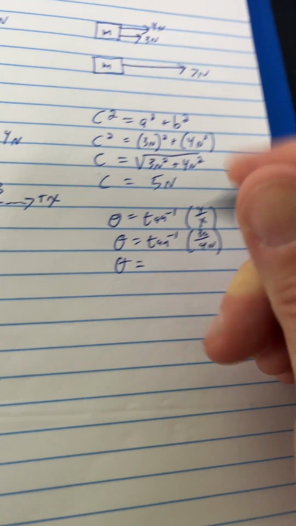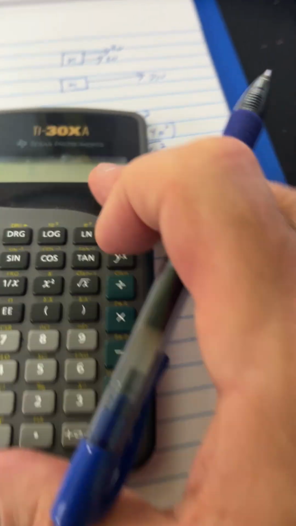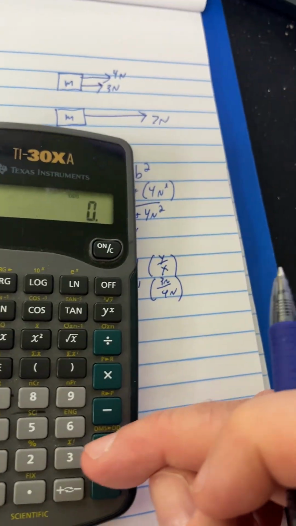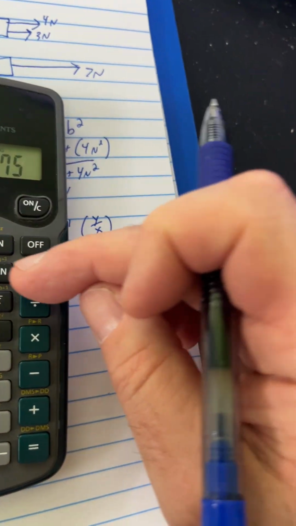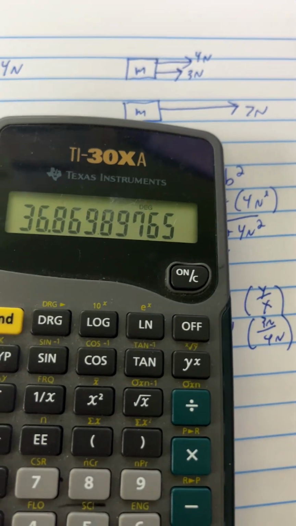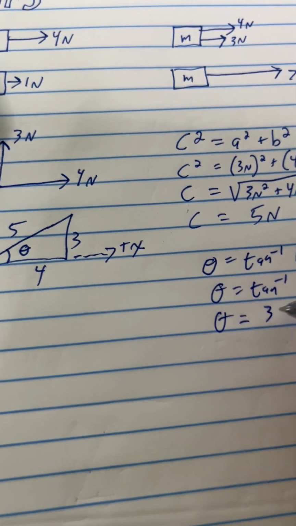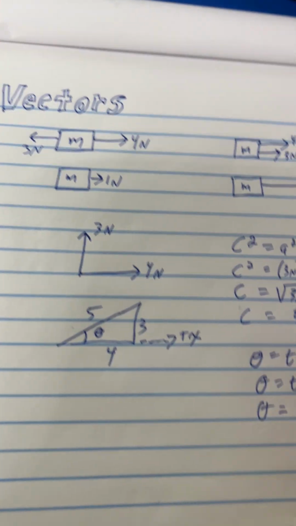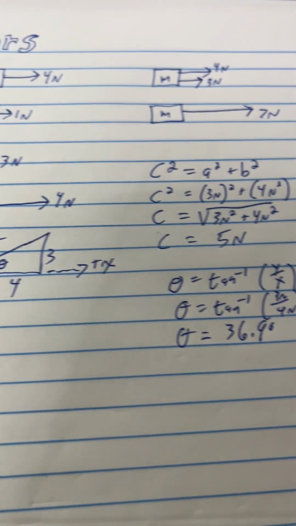And so we can go ahead and put that into the calculator. So we have 3 divided by 4, inverse tangent, and you can see that we get 36.9 degrees. So theta is 36.9 degrees. And usually we would write that as 5 newtons at 36.9 degrees.